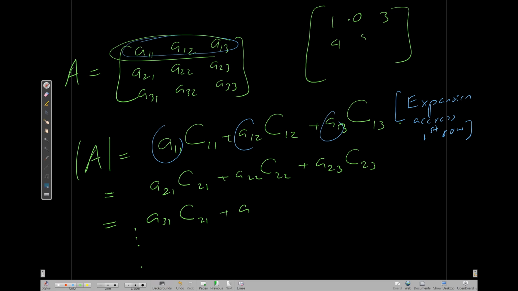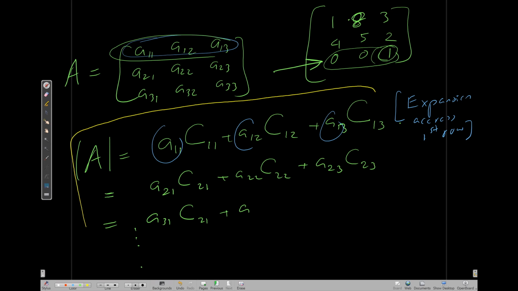Let me show an example. In this case, it's easy to go with the third row because there are so many zeros. 0 times anything will be 0. You just have to go with this thing, right? So that depends on the example. Now, I think that is the theory part. That's enough for today. Using an example in our next video, I will go through all the rows and all the columns and get the same result.